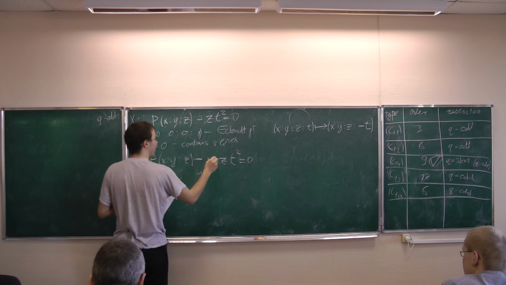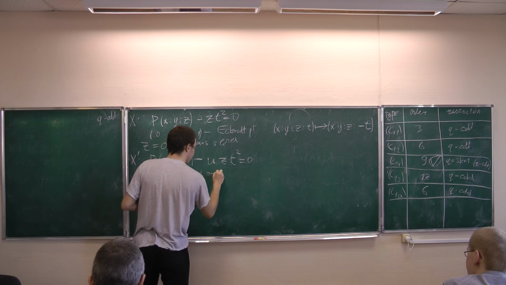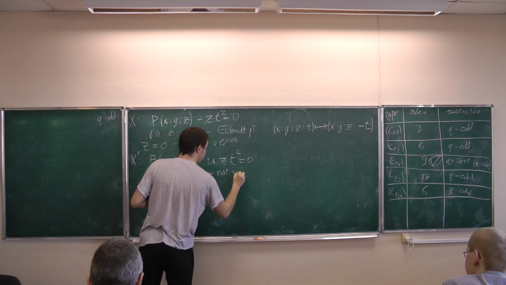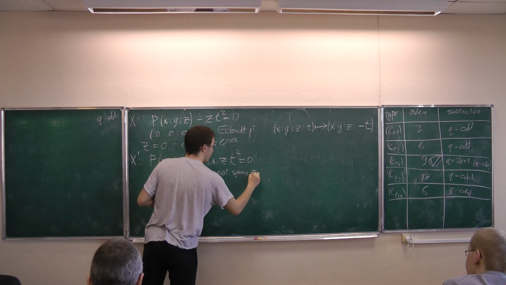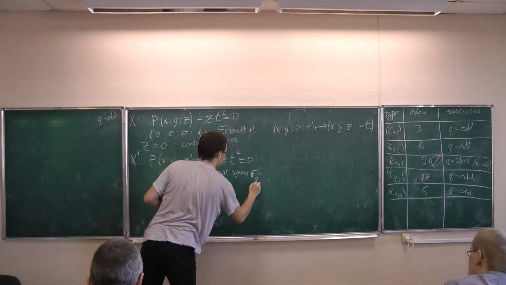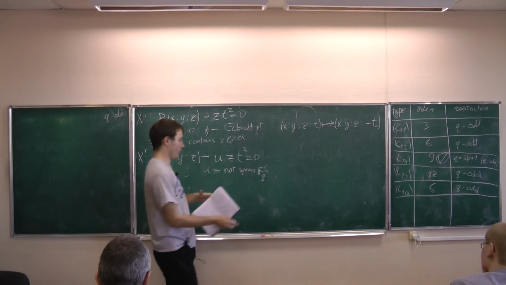It looks quite like this one, but we have a new coefficient U, and U is not a square in F_q. So let's look at points here and here.